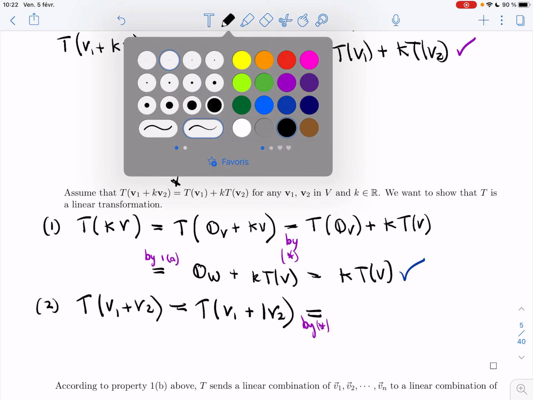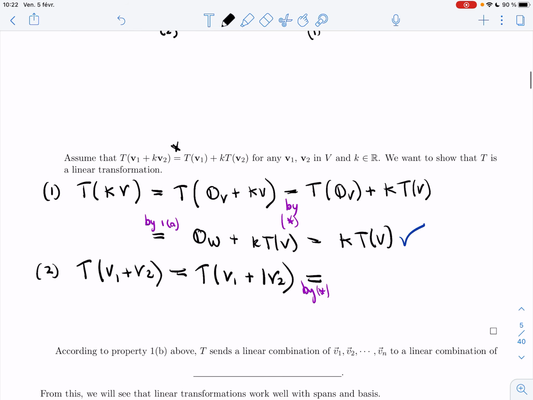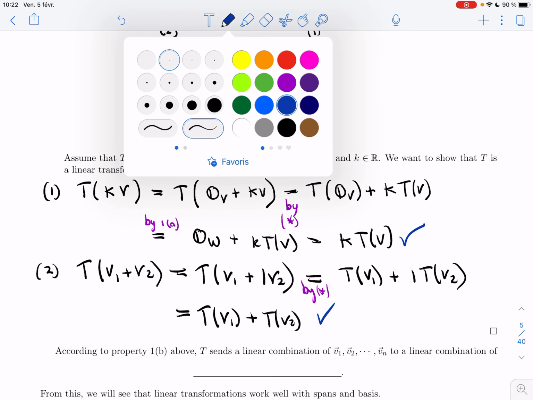If I ask you to show all the axioms, you'd have to, but in this case, you can just use them correctly because I'm not asking you to spell out every step. And then I'm going to use star, and the 1 times T v2 by axiom 10 would be T v2, so we get T v1 plus T v2.